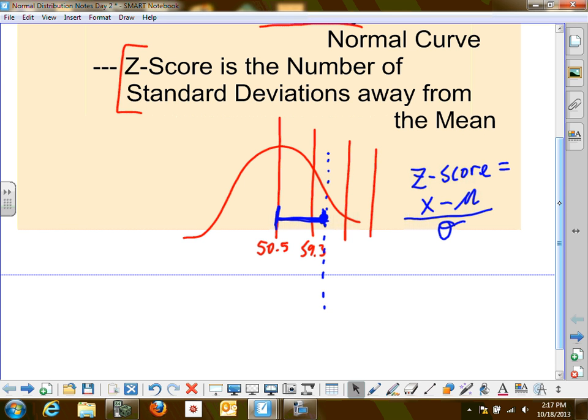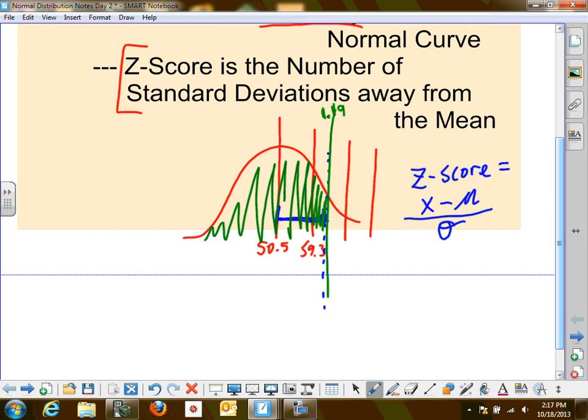Now, what we're going to do today is take those exact same items that you found yesterday. Finding this z-score, say, Ileana, she was 1.19 standard deviations above the mean. Well, what if I want to know what percent of the class did she score higher than? Then that means I need to know what this area is.